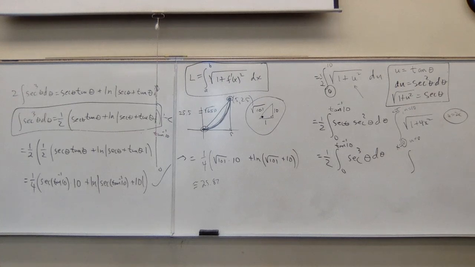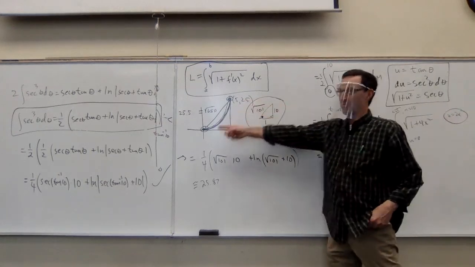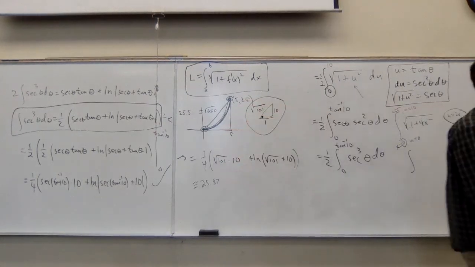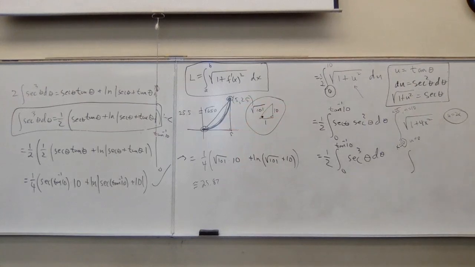We worked out a couple of results. One of them immediately came in handy, right? Secant cube. Who would know, finding distance on a parabola, that what we need is the antiderivative of secant cube to figure that out. Like I said, we're not going to memorize either secant or secant cube, but we'll know what they are. We may not be so lucky that they'll be written right on the board where we need them in the future, but we'll remember them.